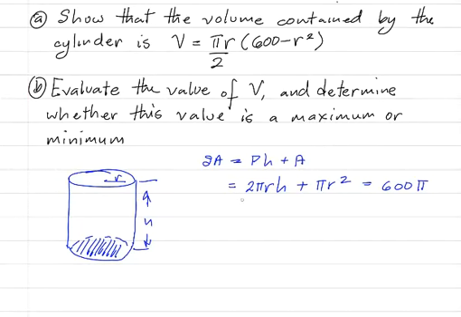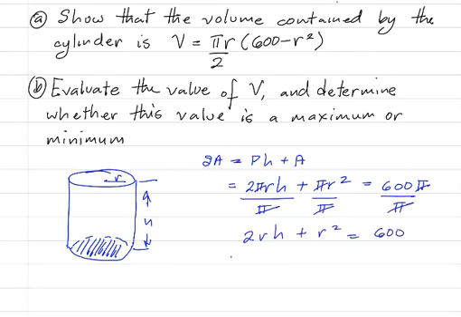If we do, we'll end up with 2rh plus r squared is equal to 600.